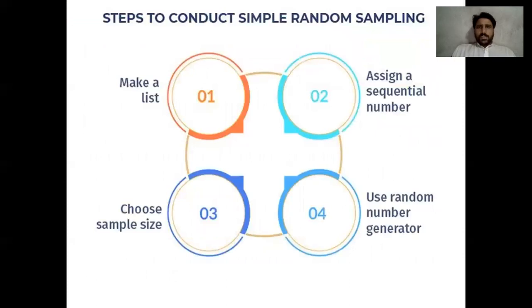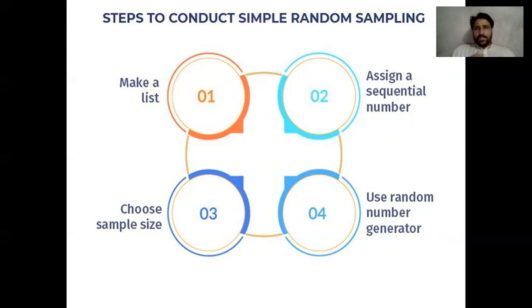The steps of conducting simple random sampling: first of all, you make a list of your participants, data, or any phenomena under study. You assign a sequential number to them. Let's say to each participant of your study, you assign a special ID, a special number.